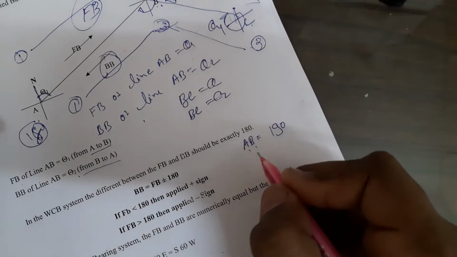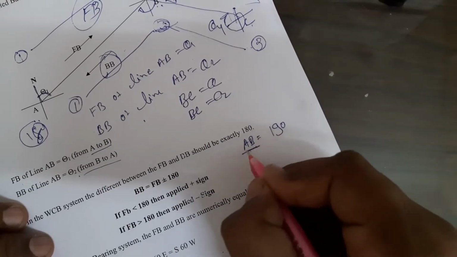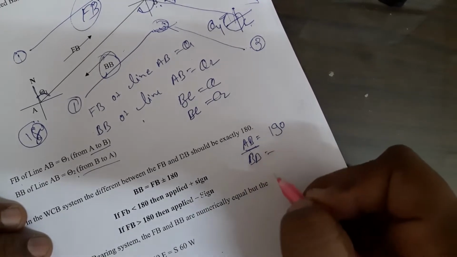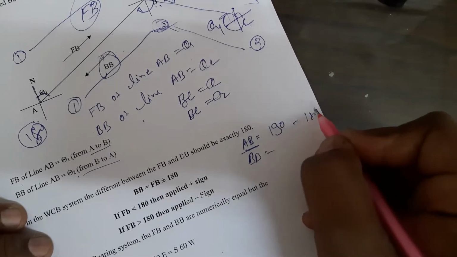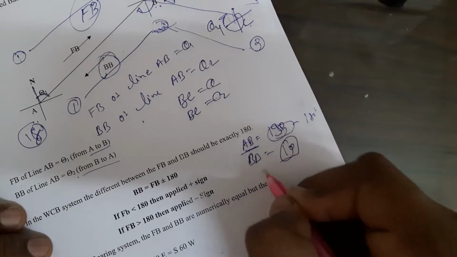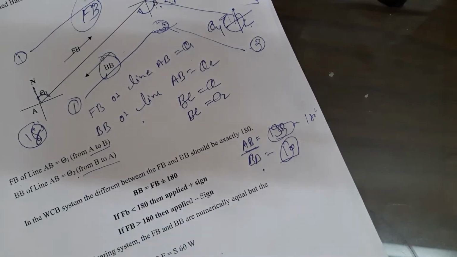So what is the back bearing of line AB? It differs by exactly 180 degrees, so 10 degrees is the back bearing of line AB.